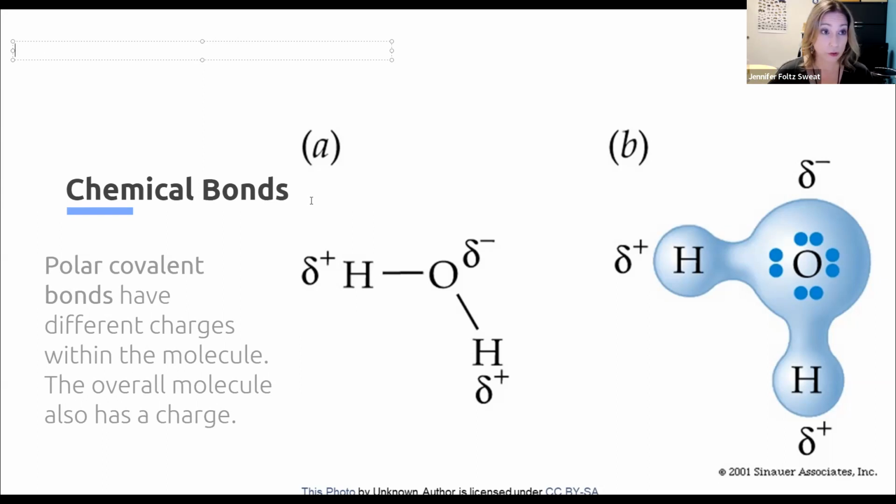I'll write down a few notes for you. The oxygen has 8 protons. Hydrogen has 1 proton. You can think of the proton as the size of the magnet.